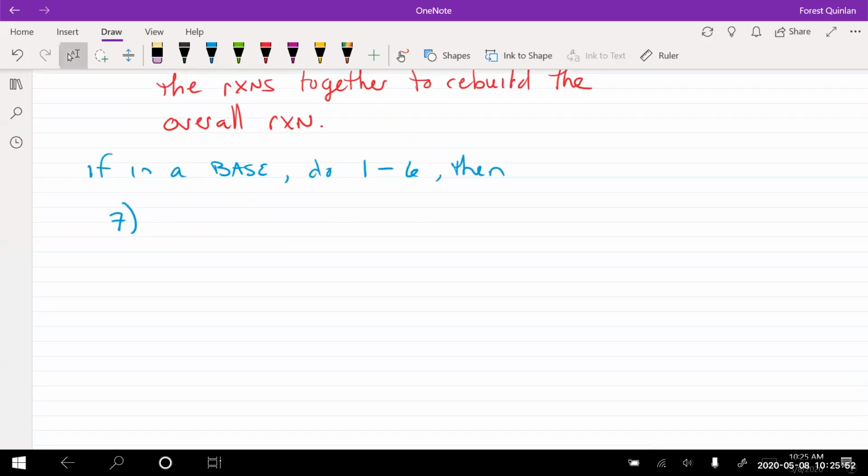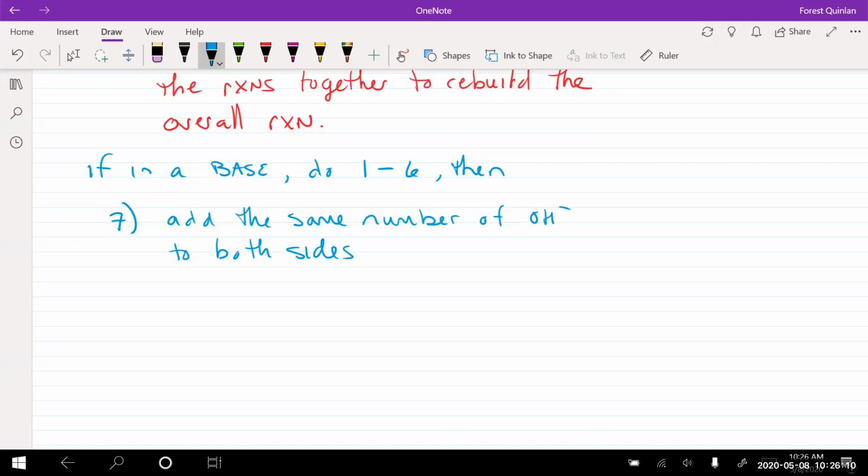So number 7 is add the same number of OH minus to both sides to cancel the H plus.